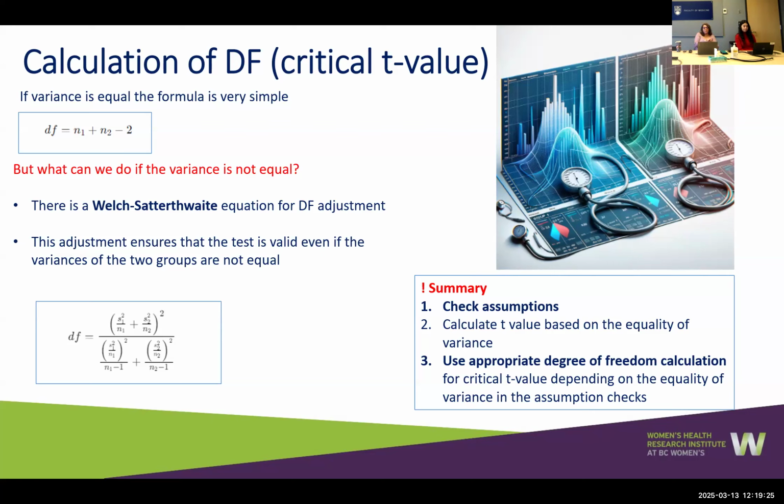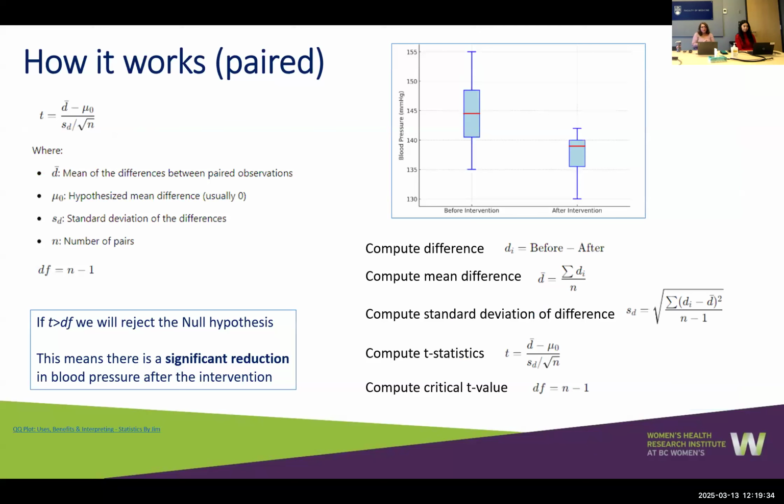We need to choose the appropriate degree of freedom formula, and then we can calculate the critical t value and compare both. I didn't give a detailed example for the t-test because any specific program can run it, and you can find online data sets that are normally or not normally distributed, and play with them, or calculate the formula in Excel.